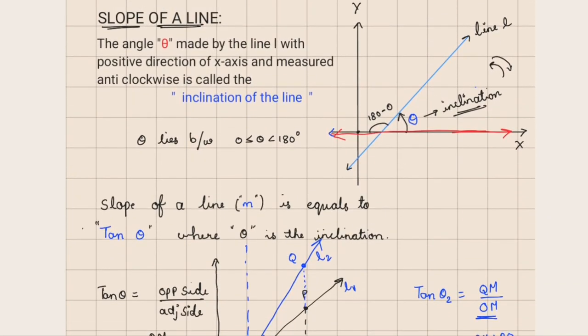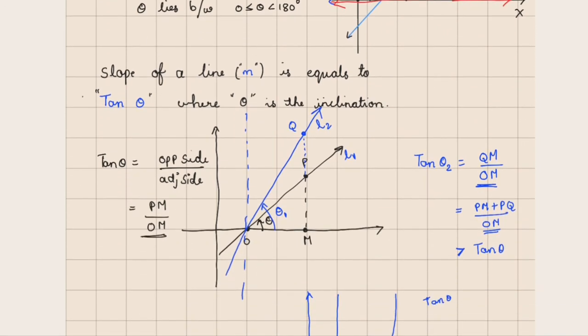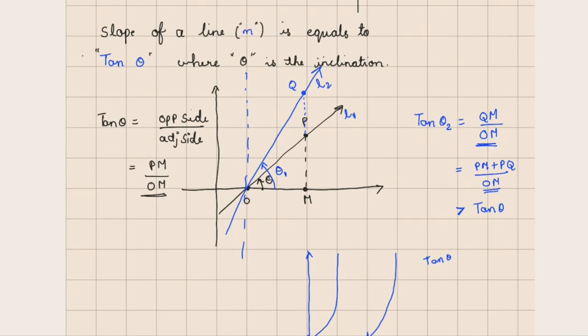Today we have seen the slope of a line, where theta is the inclination, defined as the angle made by the line with the positive x-axis in the anti-clockwise direction. Next, we defined the slope of a line as tan theta. Why do we use tan theta? Because with increasing theta up to 90 degrees, we should have increasing slope, since greater the inclination, greater the slope.